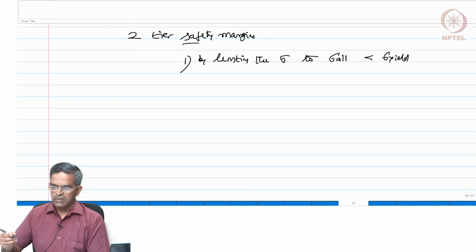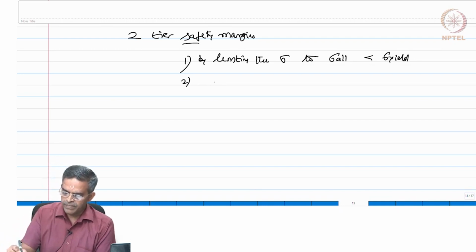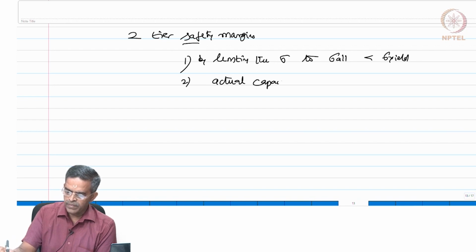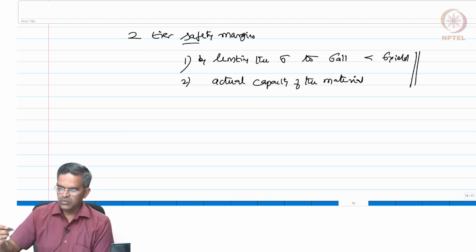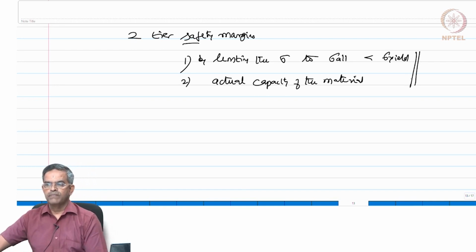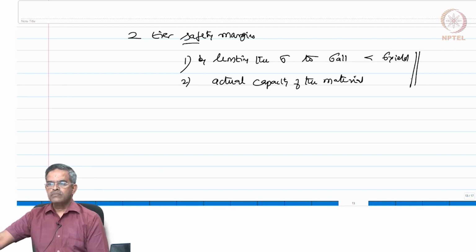The other one is the actual capacity of the material. Well, material also has reserve energy, na? So, these two together make the two tier safety margin. One should carefully note that still the reserve capacity of the material beyond its yield is completely ignored in the design procedure.